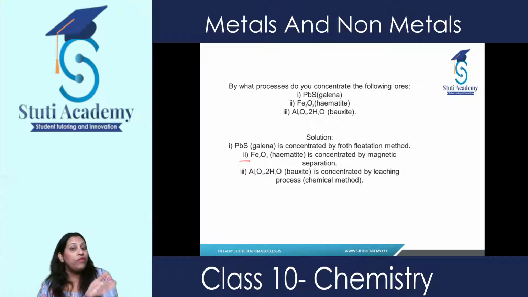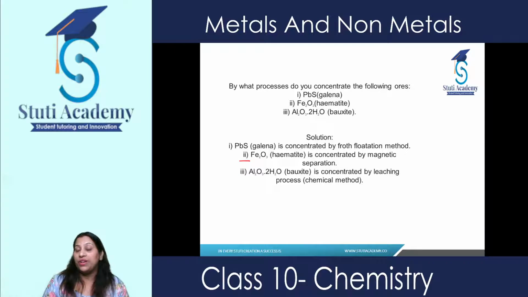It means we are removing impurities from the ore, and these methods are involved in the separation. Now aluminium oxide, which is bauxite ore, is concentrated by the leaching process, which is a chemical method. It means chemicals are involved. So when we treat this bauxite with NaOH, it results in the formation of sodium aluminate.